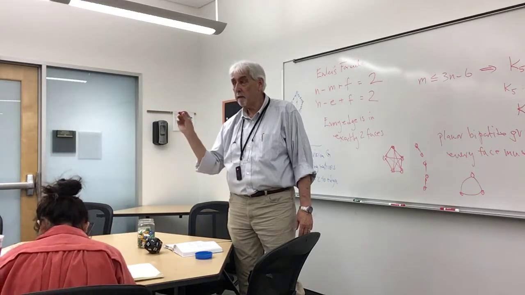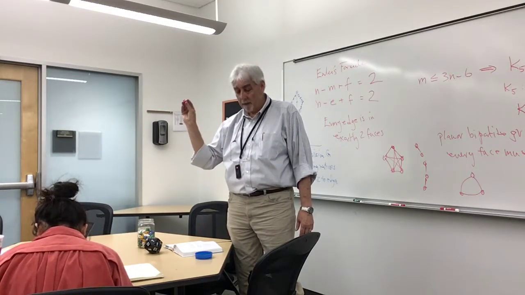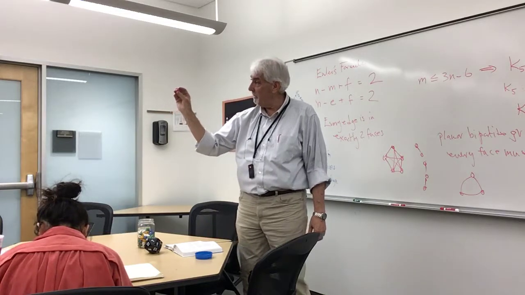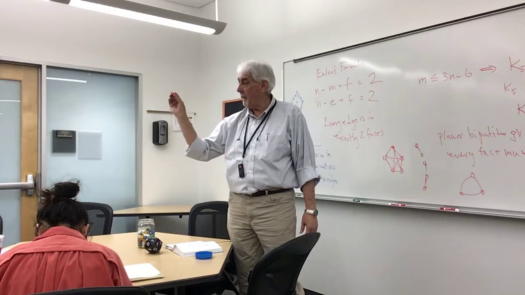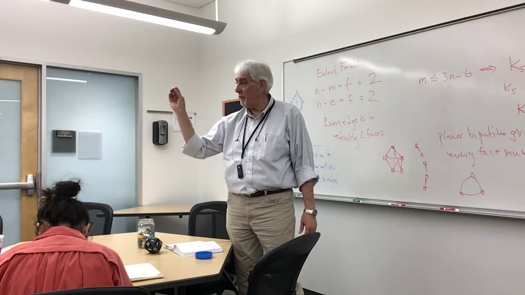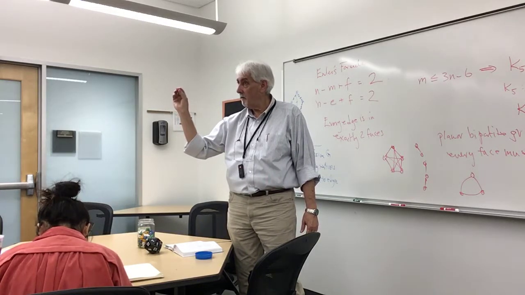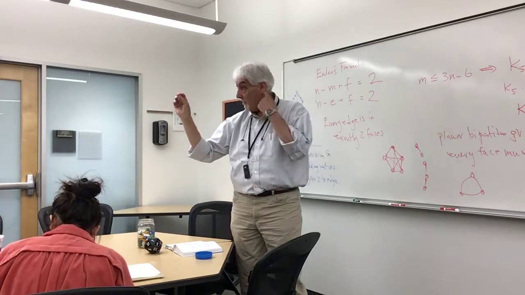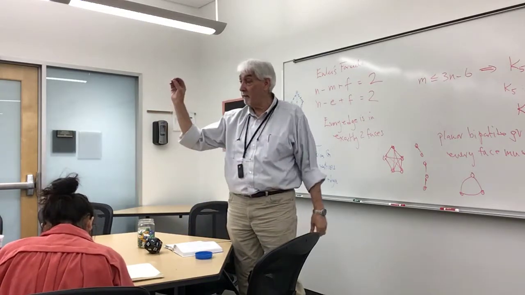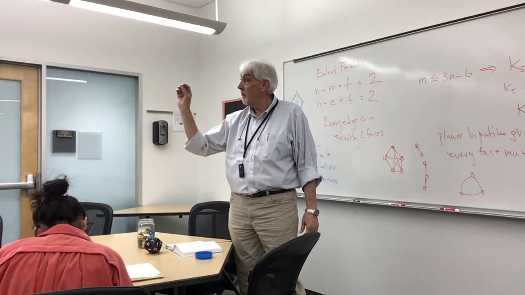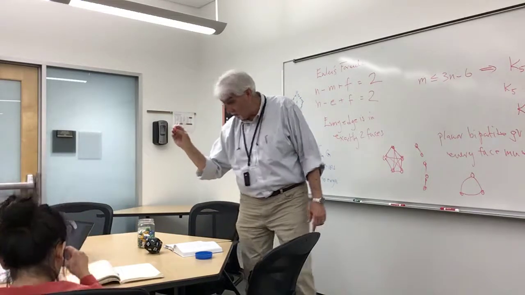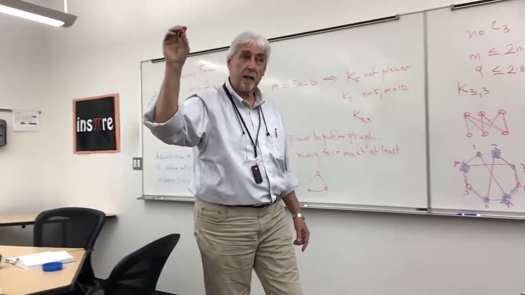How many vertices did you say the red die had? 12. What's the degree at every vertex? 5. So it's 5 regular on 12 vertices. So somehow you got to show that this one is planar.